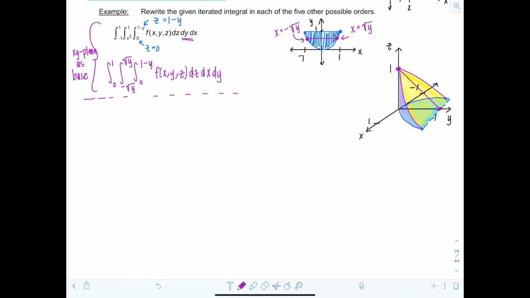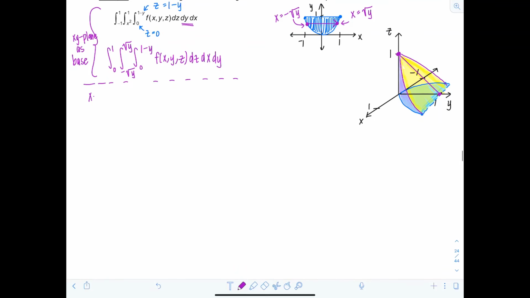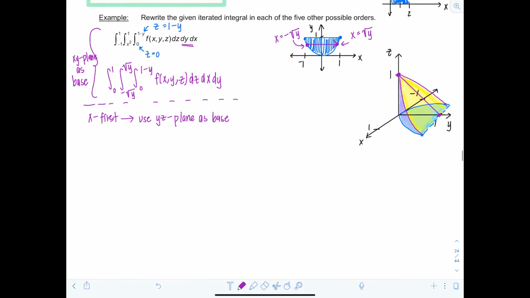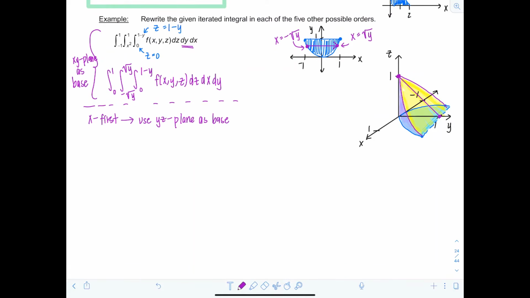Now what if we integrate with respect to x first? That would mean I'm going to use the yz plane as the base. What is the projection of this solid in the yz plane? What does it look like? Notice we have z equals 1 minus y, and that's going to make a triangle in the yz plane.